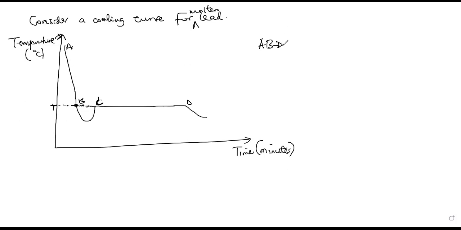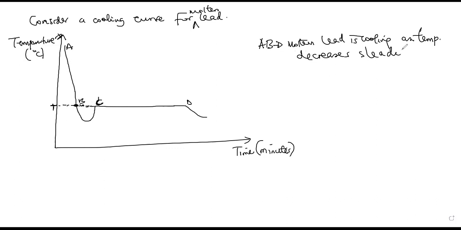So along AB, molten lead is cooling as temperature decreases steadily.